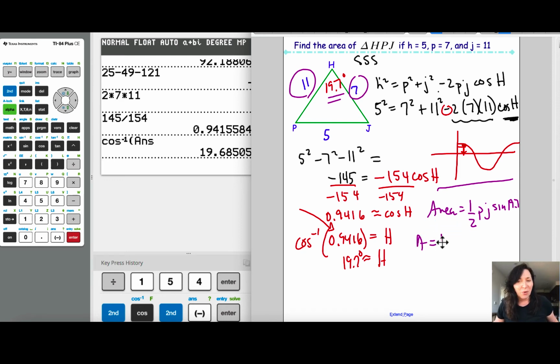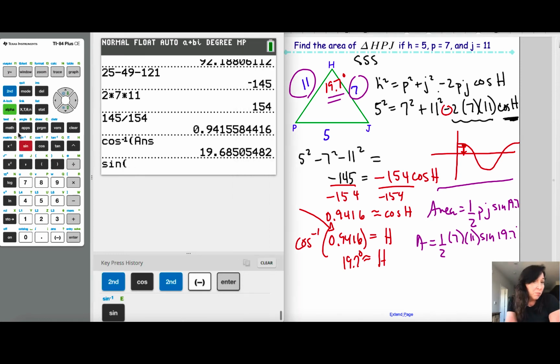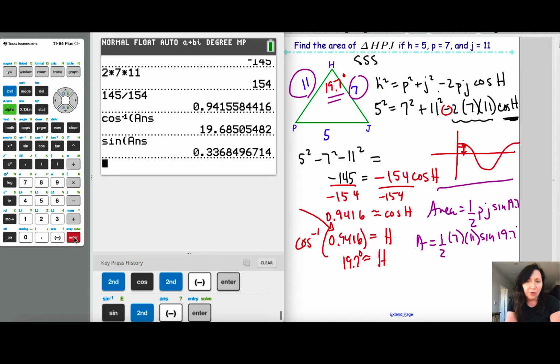So area equals 1/2 P, which is 7, times J, which is 11. And then I've got sine of 19.7, so 19.7 degrees. So we have sine of the answer. Might as well just type that value in, gives you more of an accurate answer.